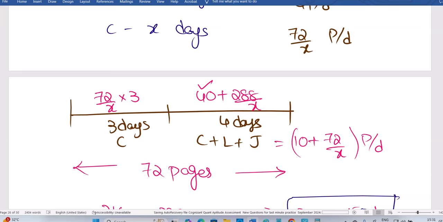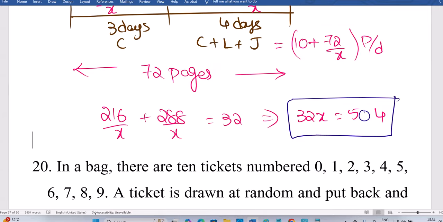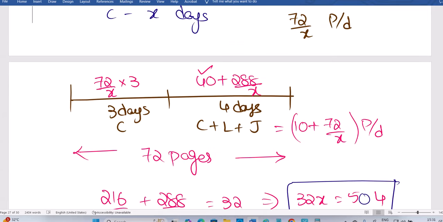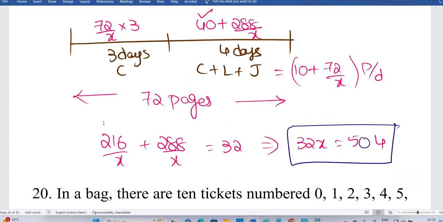Adding all the three, 10 plus 72 by x pages per day. They are working for 4 days, so we have to multiply by 4. All values together, we want 72. 40 and 72, 32 different. So these terms added should give 32 for me. And finally solving the x value, we got 15.75.